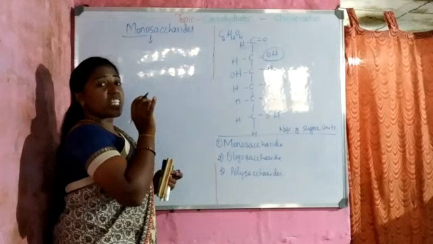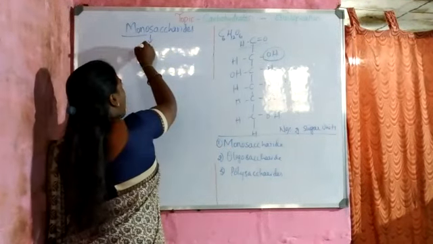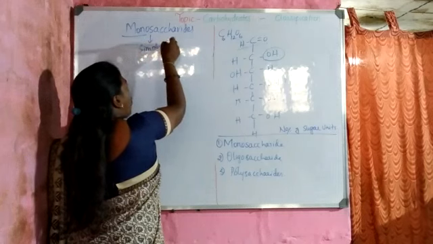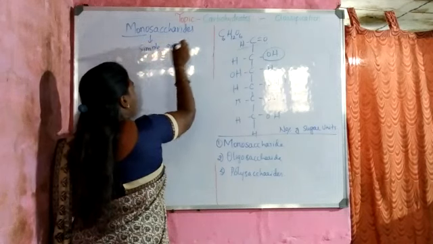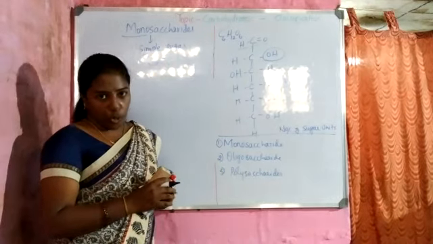So the number of sugar units they are made up of is only one.